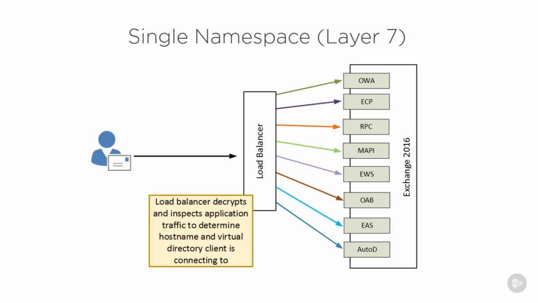This means that the load balancer can health check each individual service, and it can tell when one service is down and not mark the entire server down, so it will only load balance each service's traffic to healthy service endpoints on Exchange servers. So clearly there's a few different ways of handling that load balancer design and configuration.